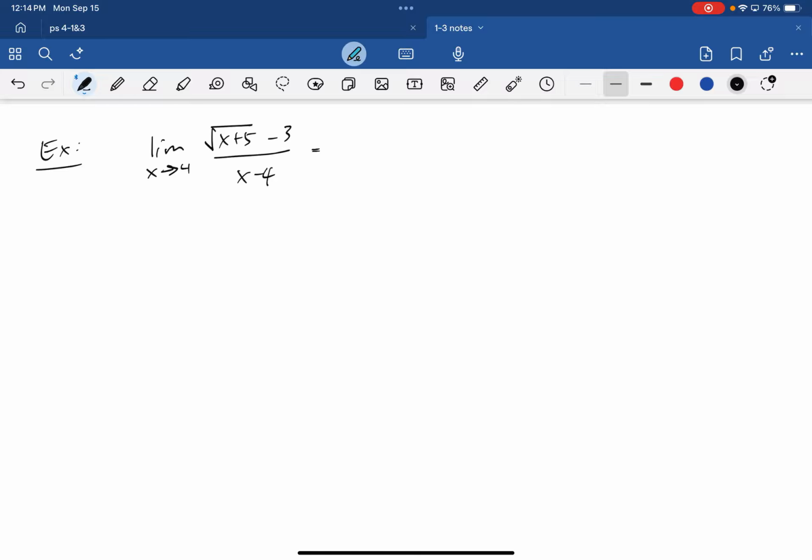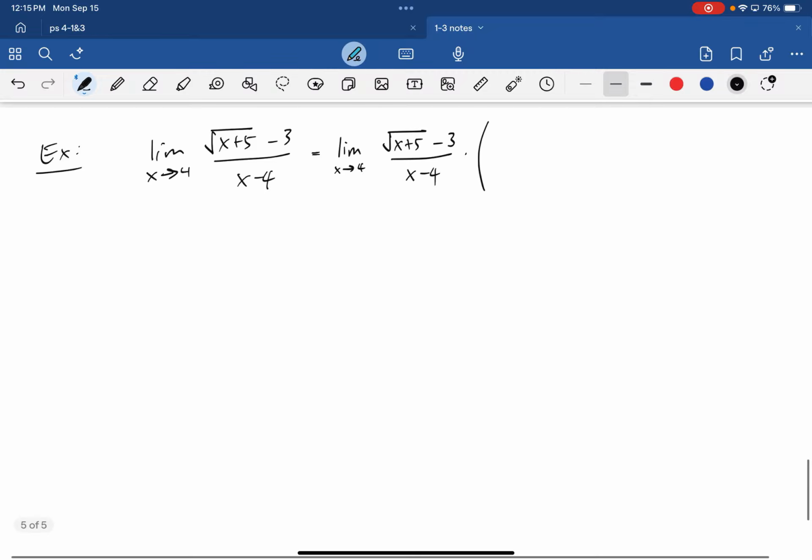I'll give you guys the first step. The Hi-Chew is still up for grabs, whoever gets it. So the first step is going to be multiplying in order to rationalize the numerator.